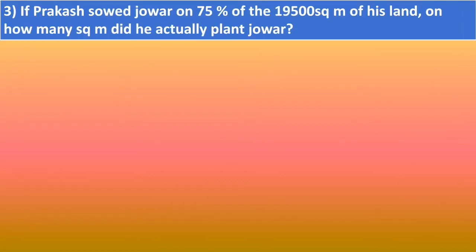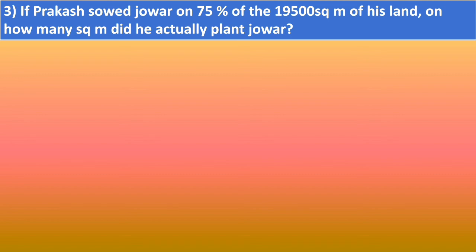Now question number 3. If Prakash sowed Jawar on 75% of the 19,500 square meter of his land, on how many square meter did he actually plant Jawar? Here percentage already is given, but we have to find what?